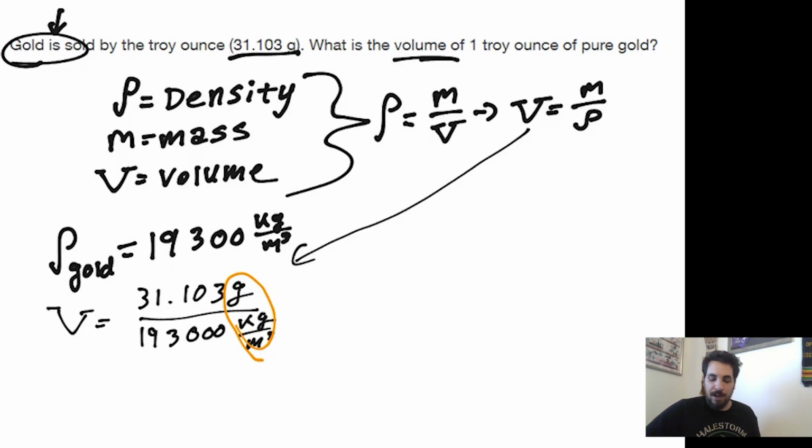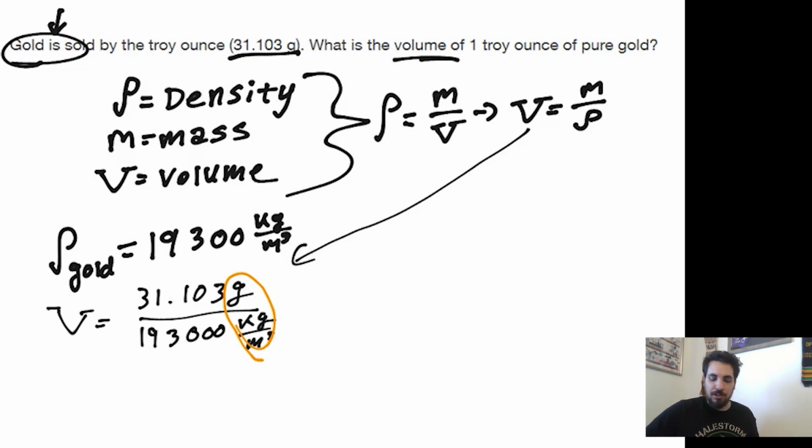And in fact, here the units that are important to match up are that gram and that kilogram. So we need to rearrange this. Now we could do one of two things. We could either put the density in grams per centimeter cubed. Often that is a method that we might use. Or we can take the 31.103 and make it 0.03103 kilograms. Both are absolutely fine to do.